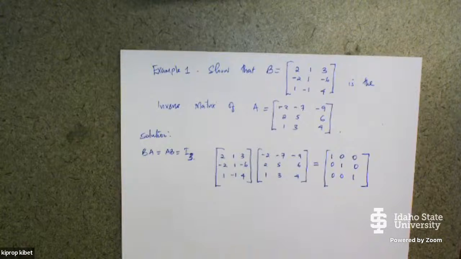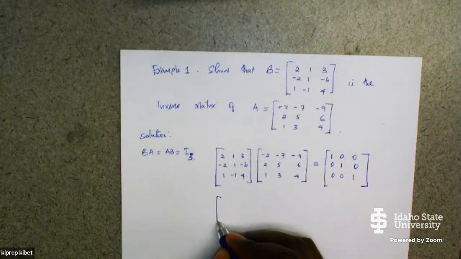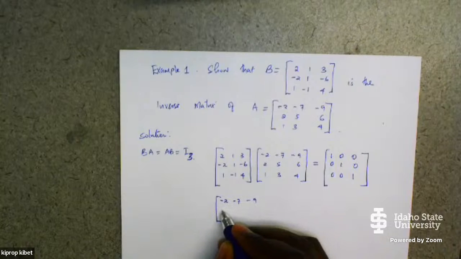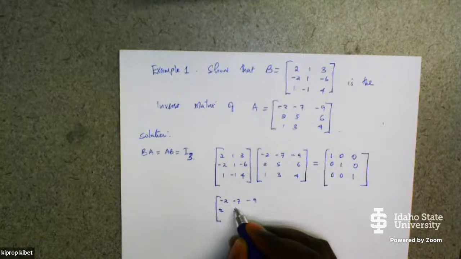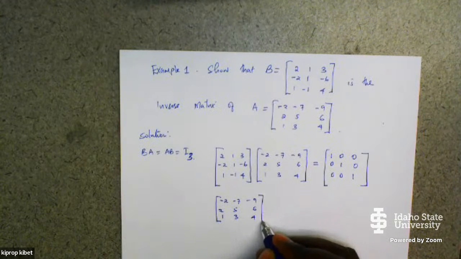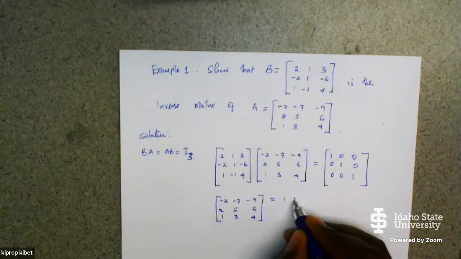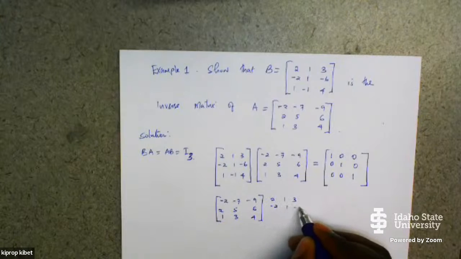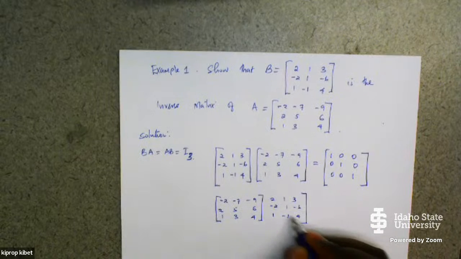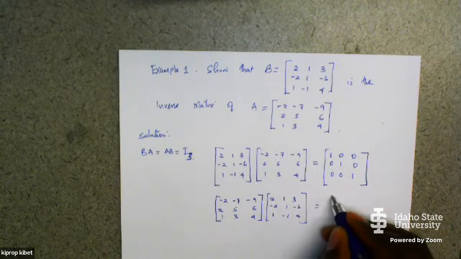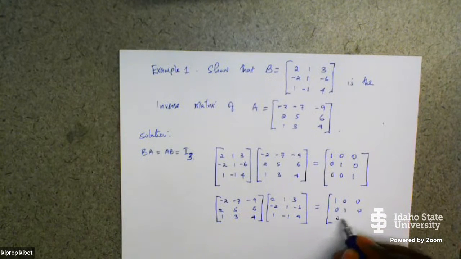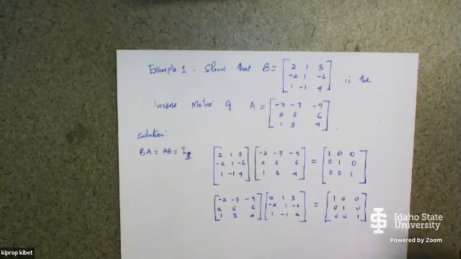Again, if you multiply AB, which is negative 2, negative 7, negative 9, and then 2, 5, 6, 1, 3, and 4, multiplied by 2, 1, 3, negative 2, 1, negative 6, 1, negative 1, 4, what you get is the same, which is 1, 0, 0, 0, 1, 0, 0, 0, and then 1.